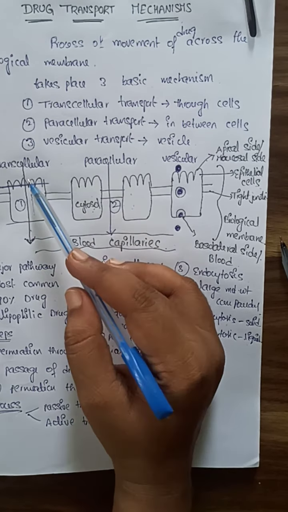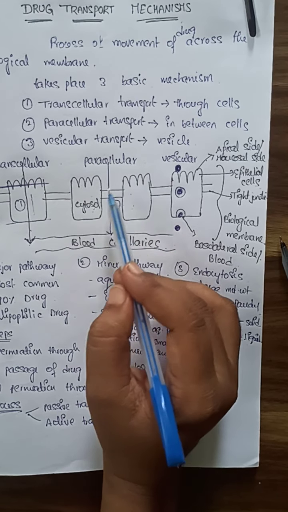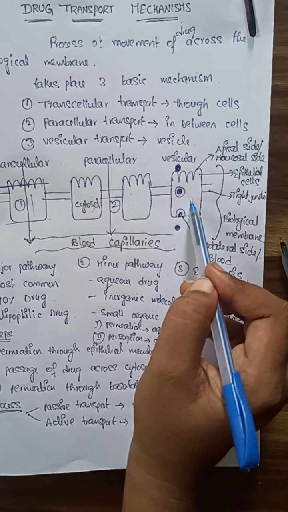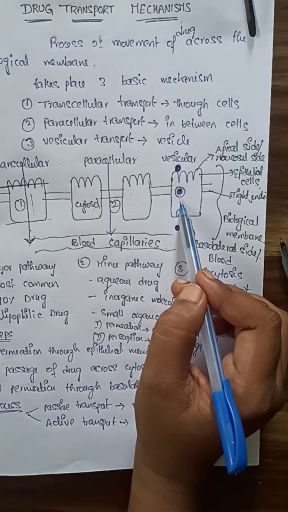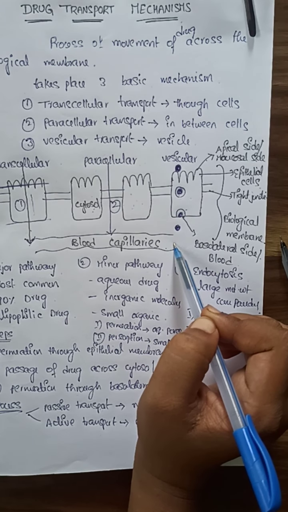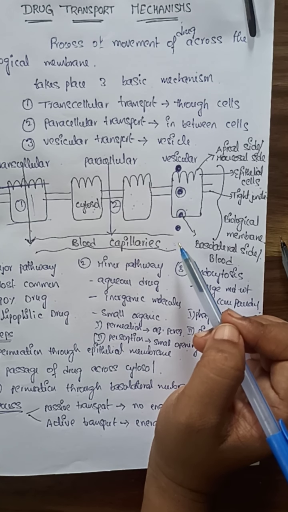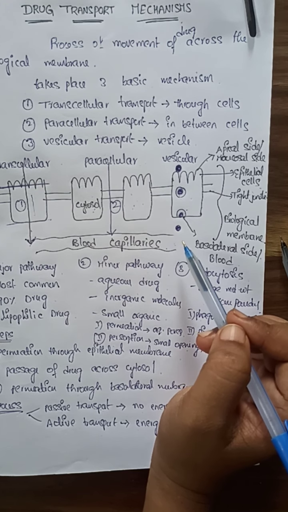Transcellular means the movement of the drug through the cells, whereas paracellular means the transport of the drug in between the cells, whereas vesicular means the drug is engulfed by the cells, forms a vesicle and is transported across the cells. So this is the drug transport mechanisms, and thank you one and all.